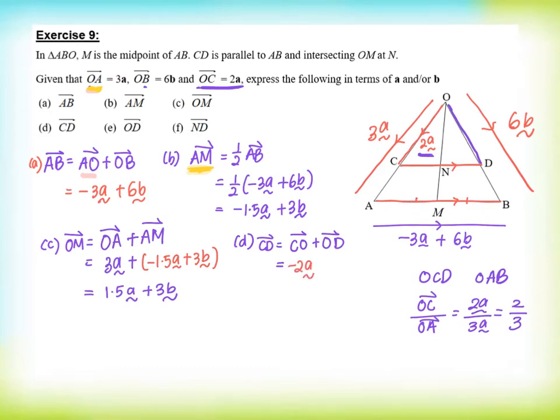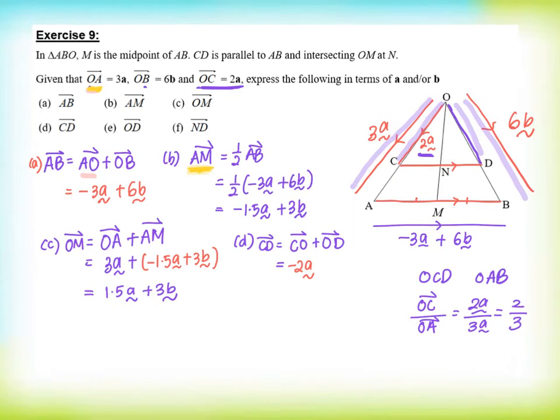But what is OD now? I know that the ratio should be 2:3. So that means OD and OB will also be 2:3.